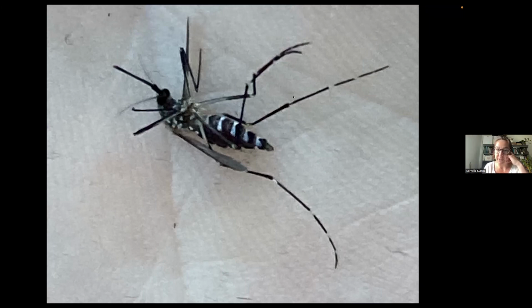But on the other leg, it's not so clear. I would say here, for example, I can't see the white, and here also not, but based on that leg, I would say also it's Koreicus. And maybe the mainland form.